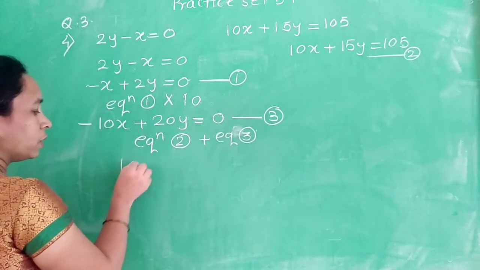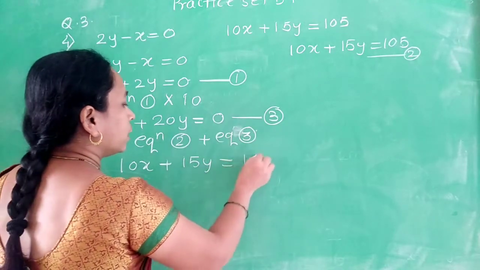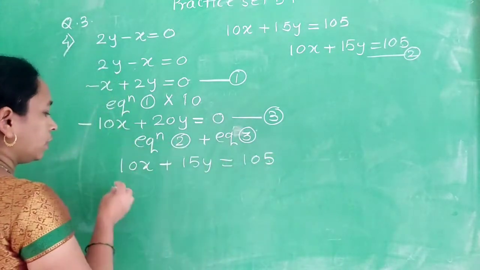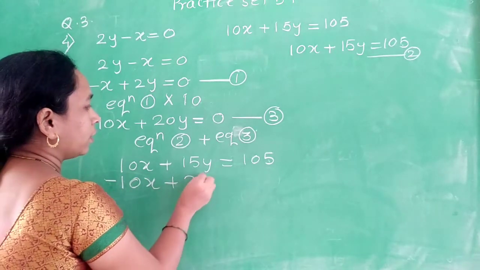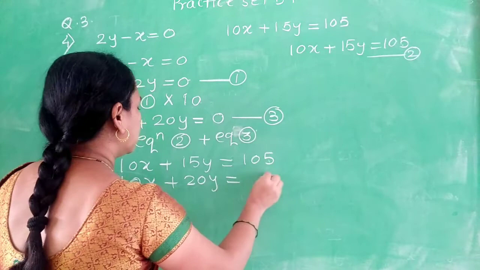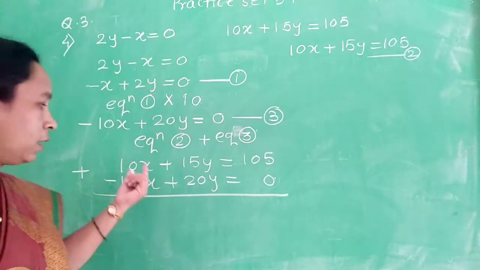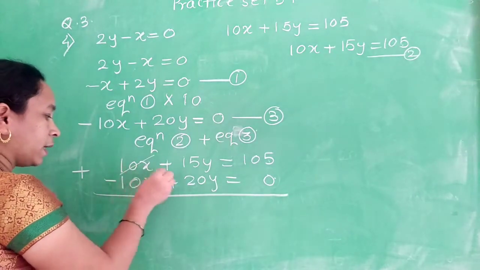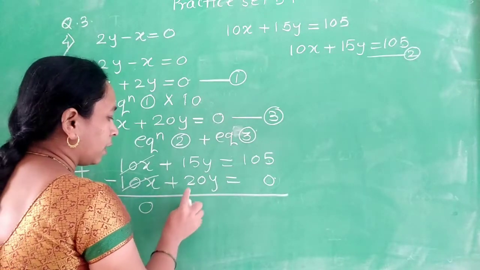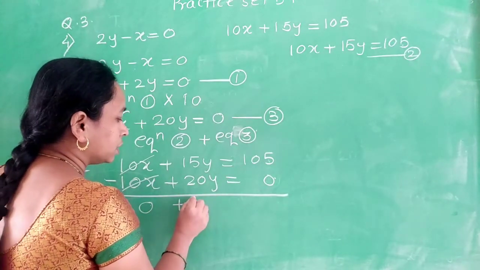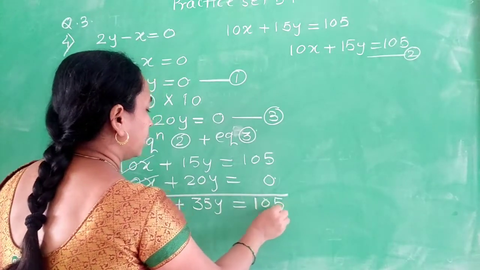Equation 2 is 10x plus 15y is equal to 105. Equation number 3 is minus 10x plus 20y is equal to 0. And here I am going to add them. Plus 10x minus 10x will cancel, it will become 0. 15y plus 20y is 35y is equal to 105.